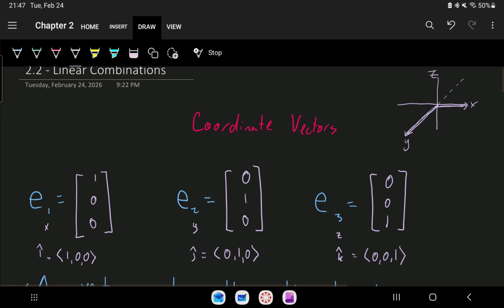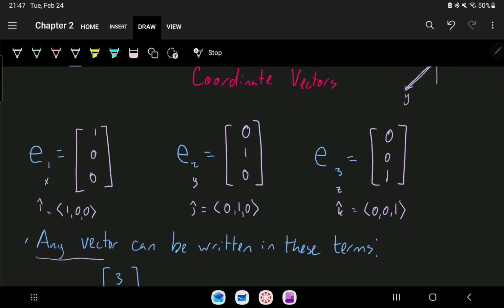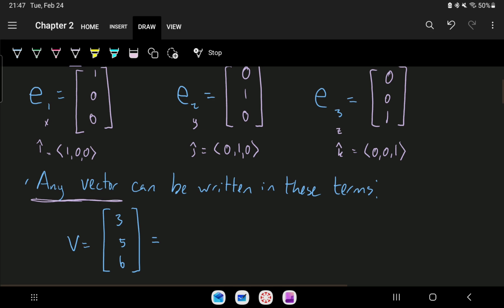So what's cool about these specific unit basis vectors is that any vector we possibly have can be written in these terms. How, you ask? Well, let's look at something concrete. Say we have a vector v, and its x component is 3, its y component is 5, and its z component is 6.